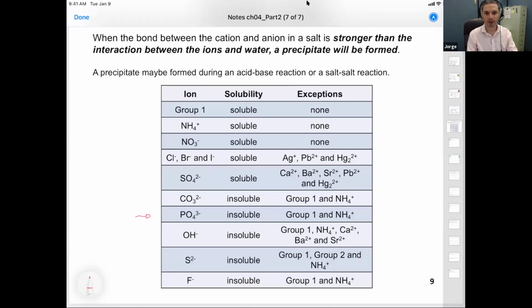All right, so what is a precipitate? Precipitate is any solid in solution.